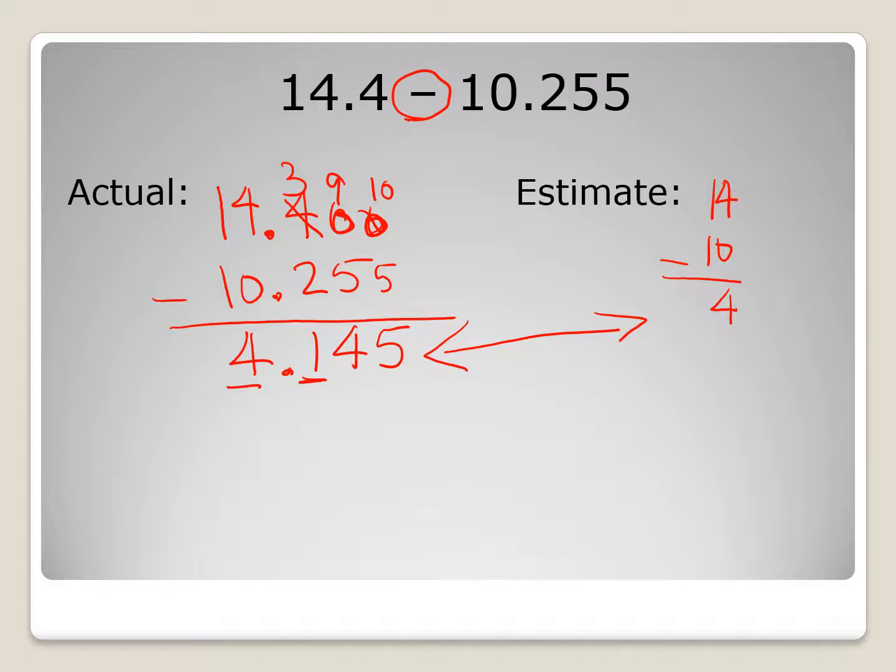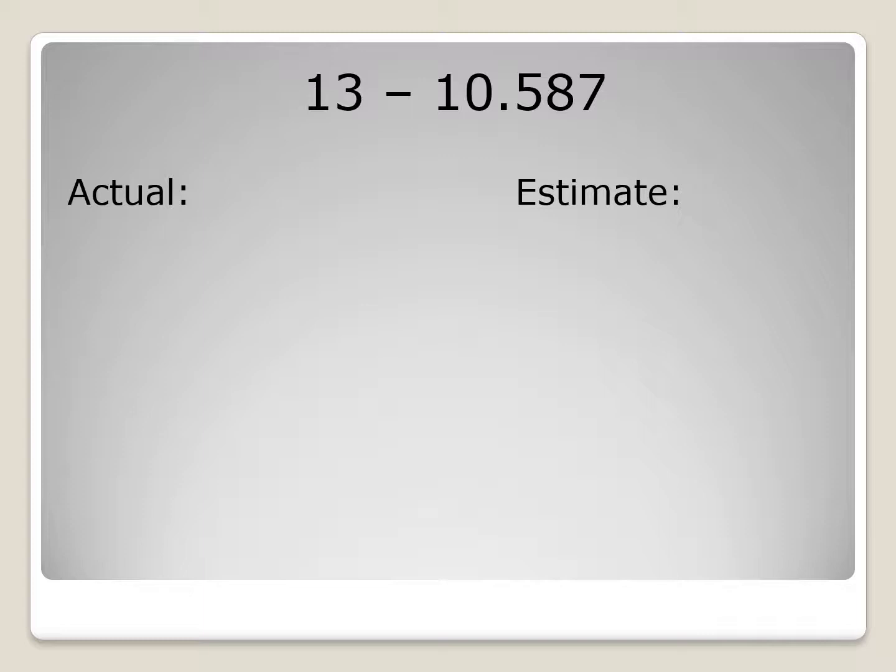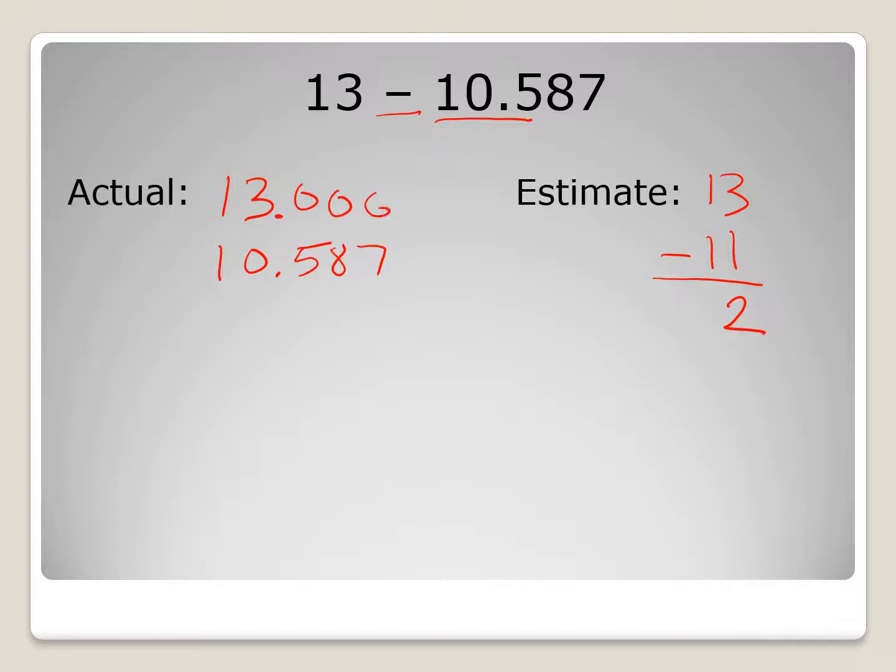Fantastic. Remember to pause, rewind, look at it again. Let's try one last one. I'm going to subtract again. 13 is 13. 10 5/10 is closer to 11 than it is to 10, so that's 11. 13 minus 11 gives me 2. If I line up my decimals, fill in my missing zeros, sorry, that's subtraction, I cannot say 0 minus any of these numbers, so I must trade from the ones place.